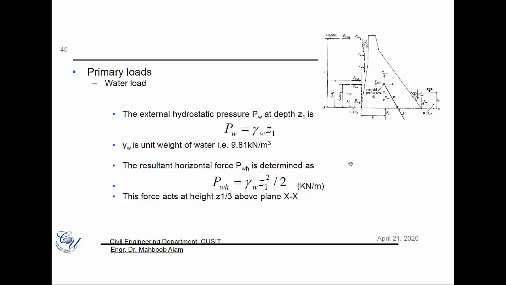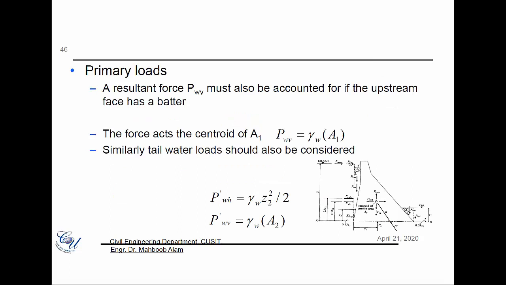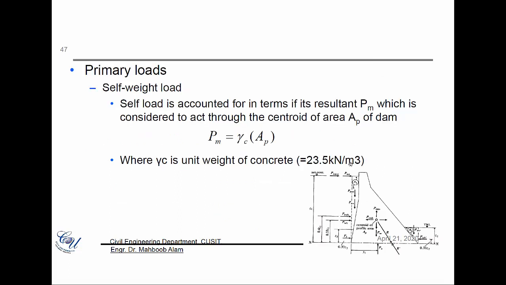So that is the water load, and then the self load was also looked upon, where we just take the unit weight of concrete, multiply it with the area that the dam is occupying, and we get the primary loads.